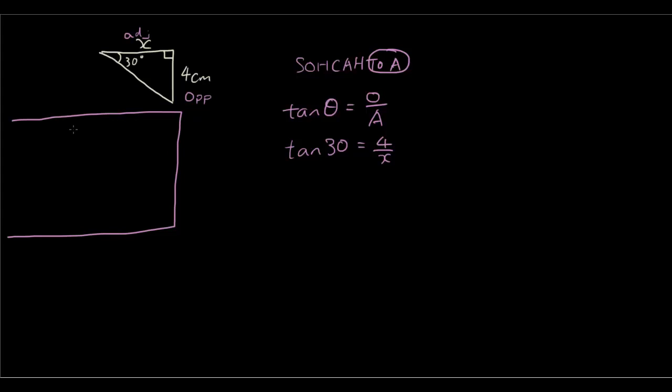If we had, for example, 30 divided by 6 equals 5, how would we rearrange it to make 6 the subject? That is similar to this, where we have tan 30 equals 4 over x. We basically have 4 divided by a number is tan 30.